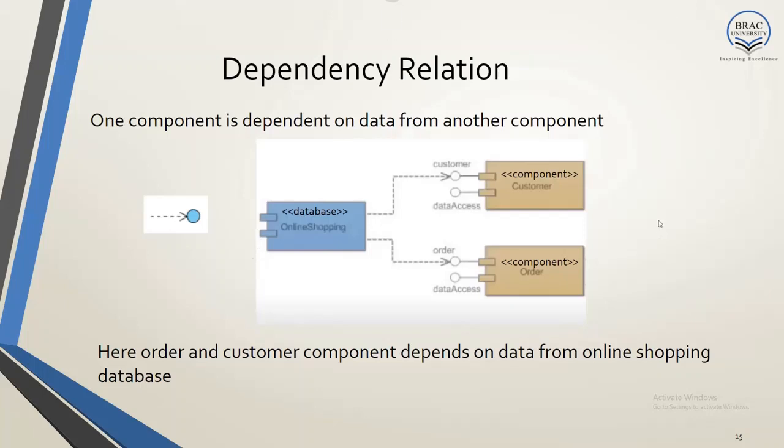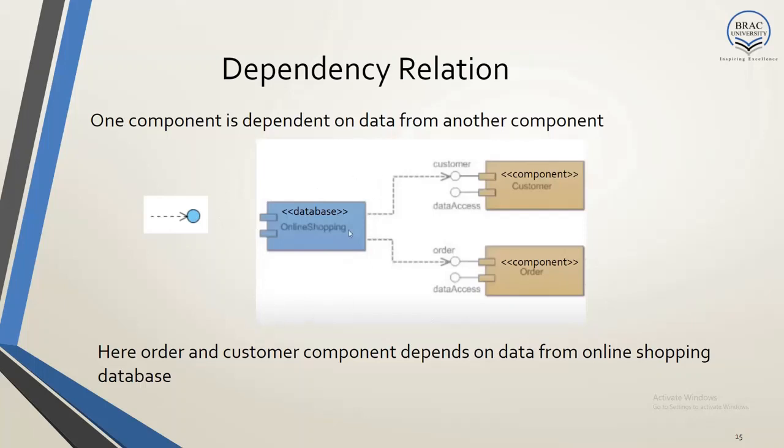For example, over here the customer component is dependent on the online shopping component for data. The online shopping component is like a database, and from it data is passed on to the customer component and the order component, and these two components depend on the data from this component.